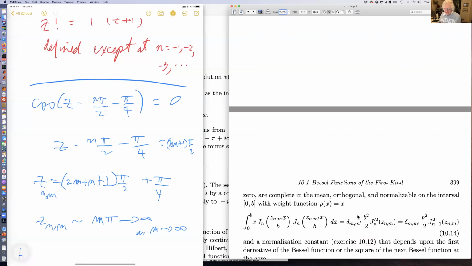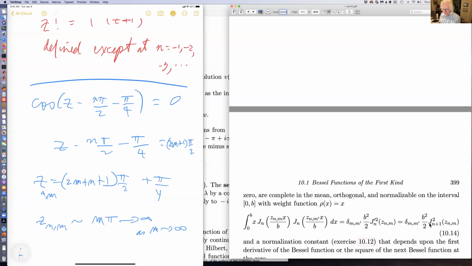And so the eigenfunctions are orthogonal if the eigenvalues are different. And then the overall normalization turns out to be given by J prime squared sub n.